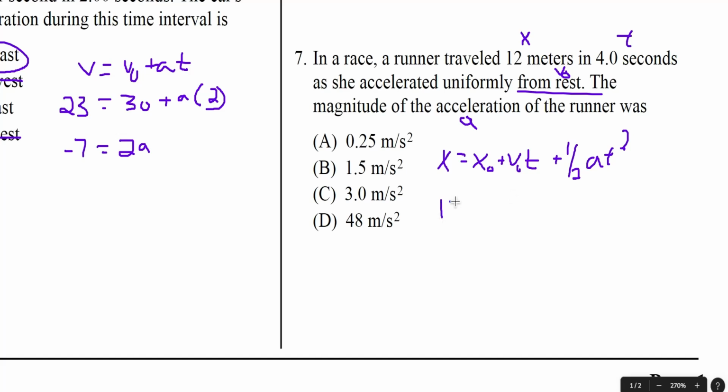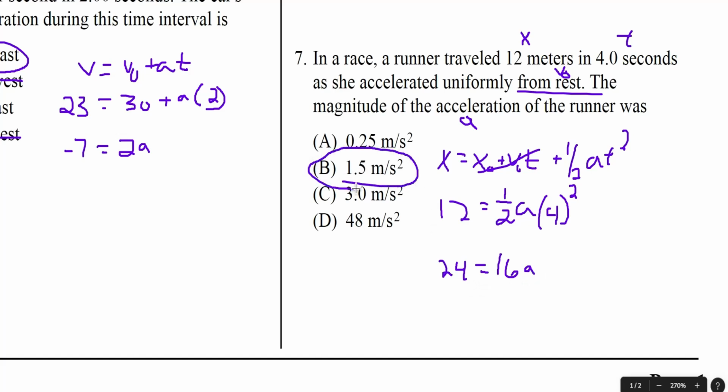So we have 12. The x naught and v naught are all 0, so I'm just going to drop them. I'm not even going to put in zeros for them. And we're going to plug in 4 for the time. That 4 is being squared. So this ends up being 24 equals 16a. Plug the numbers in, move things around, and we end up getting 1.5 for the acceleration.